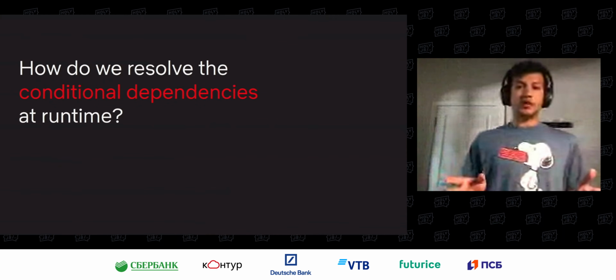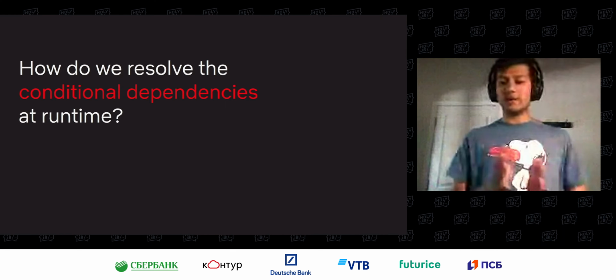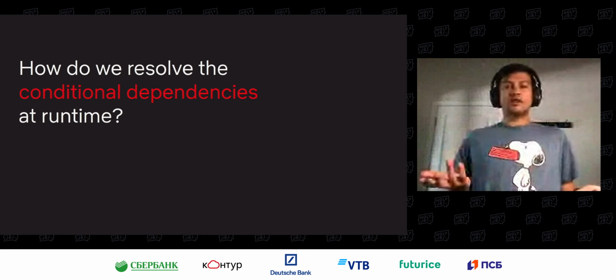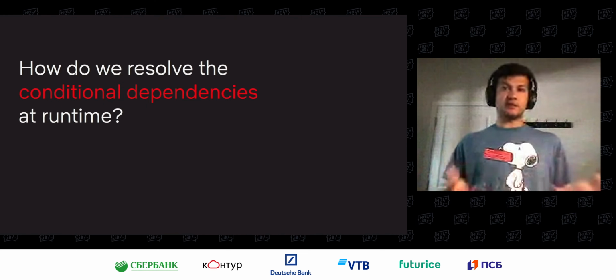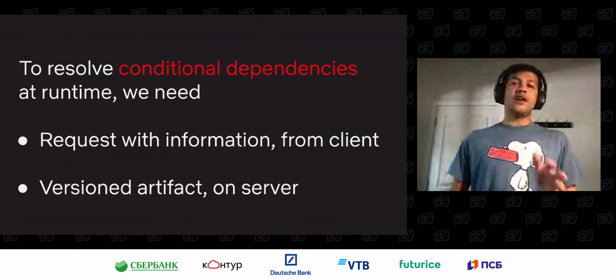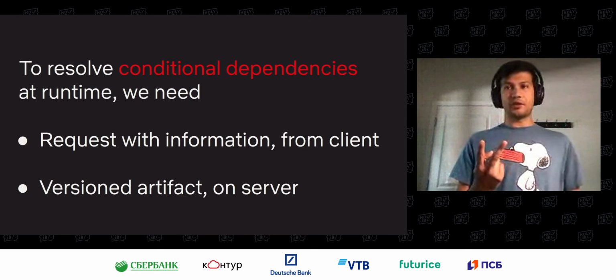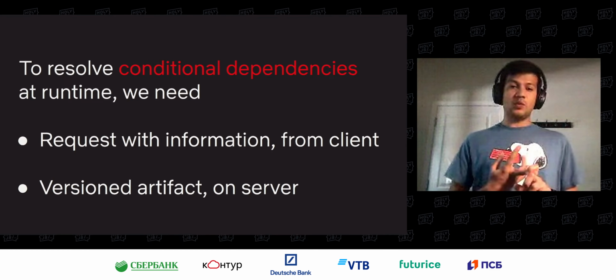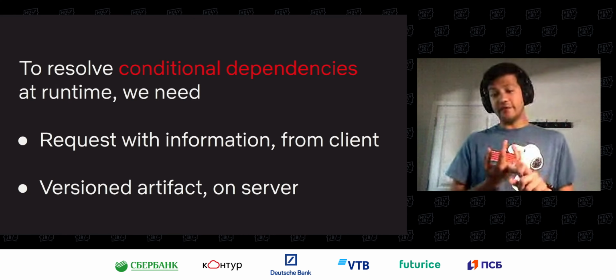So the next question for us was, okay, I understand the concept. I have a server, I have the artifact. How do we actually resolve conditional dependencies at runtime? That's the big question. To resolve any conditional dependency, we figured we needed two pieces of information. One was the actual artifact, which is already available on the server.